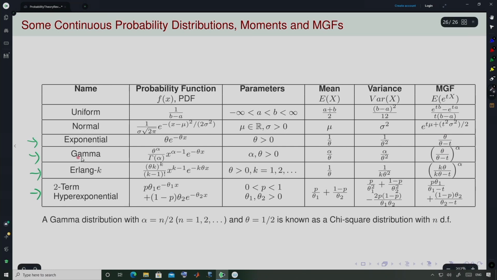Okay. So, gamma, which one can think of as a sum of IID exponentials, like this alpha number of times. So, here alpha in general could be any number, but if alpha is an integer, then you can think of it as a sum of n IID exponentials with the same parameter theta. See, the Erlang distribution is what we might call a special case of gamma in some sense.